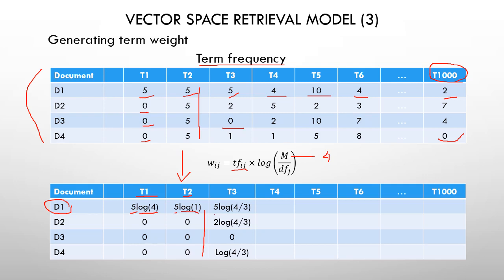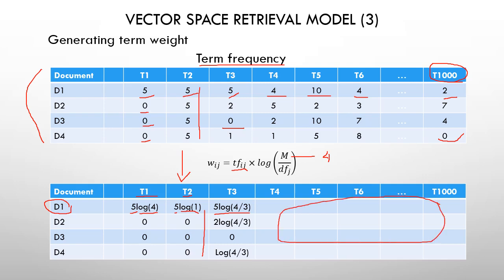Now document number 3, term number 3 could also be calculated the same way, and the term frequency is 5, and then m is still 4, like before, but term 3 appears on 3 documents. So finally the weight is 5 multiplied by logarithm of 4 divided by 3. Okay, and so on.